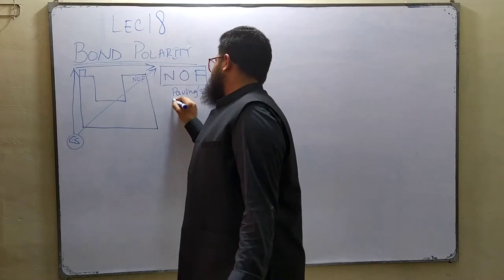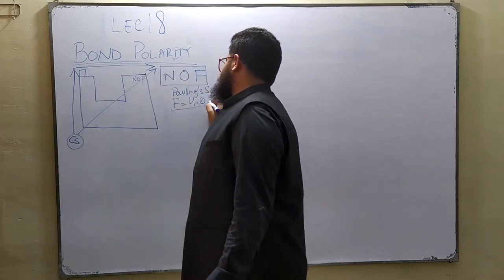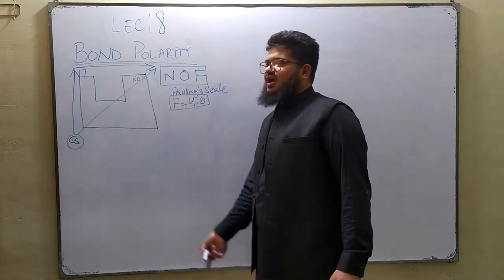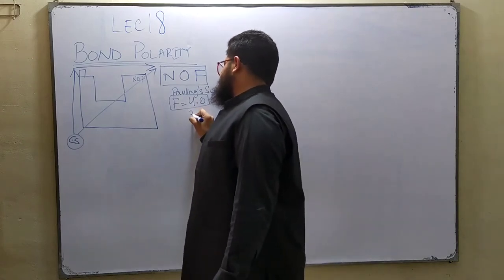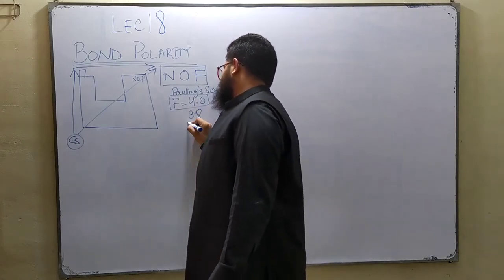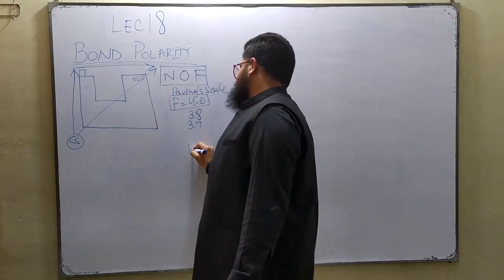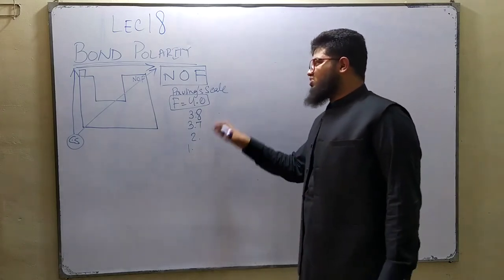Fluorine has the maximum value of 4.0, and all other elements have values lower than 4. For example, some might have 3.8, some 3.7, and some might have values in the 1s and 2s. So you don't actually need to know the Pauling scale.